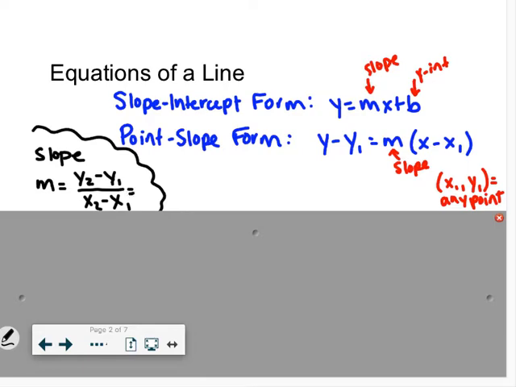You may be taking physics someday, and in physics, they're going to use a notation. I'm running into my line there, but it looks like a triangle. It's called delta y over delta x, where delta means the change in y. So the change in y over the change in x.